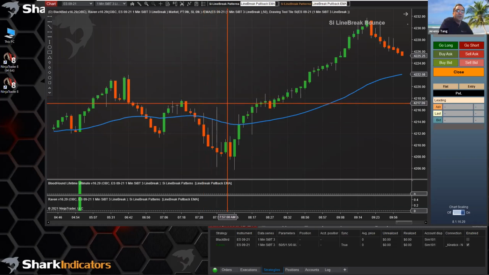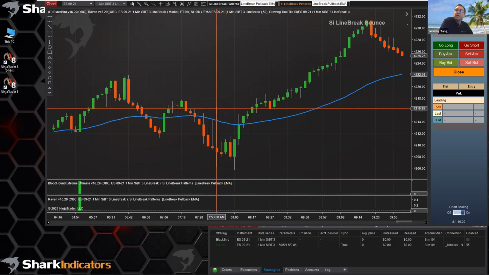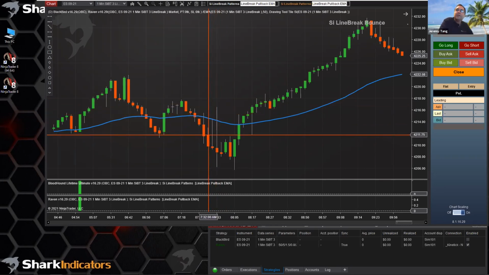Although that was for NinjaTrader 7, so I don't know if anybody's updated it for NinjaTrader 8. But there was a line break with wicks. What's also important for more correct backtest results is the correct opening price of the bar, because backtesting engines assume that the open price of the bar is where you're going to get filled.